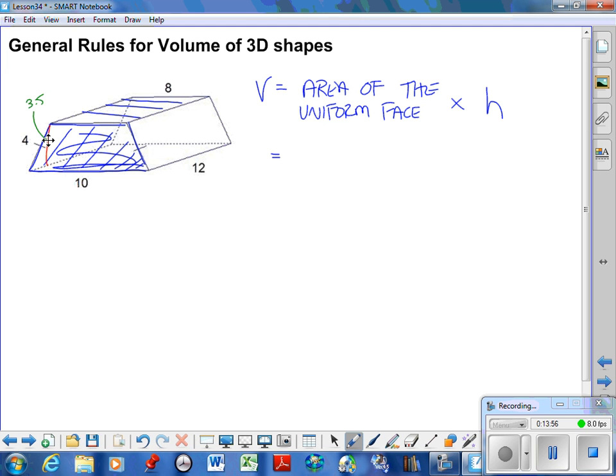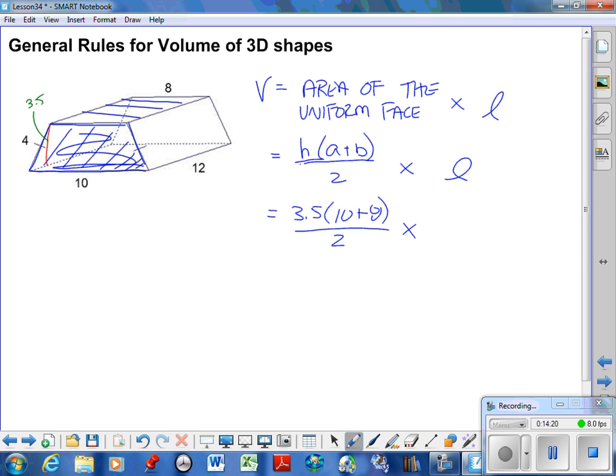The point of the lesson is your formula: the height, then A plus B over 2 for the area, times, I should use a different variable. We'll go to the length of the object, so I can still use the H. So the 3.5 multiplied by 10 plus 8 all over 2, times 12.